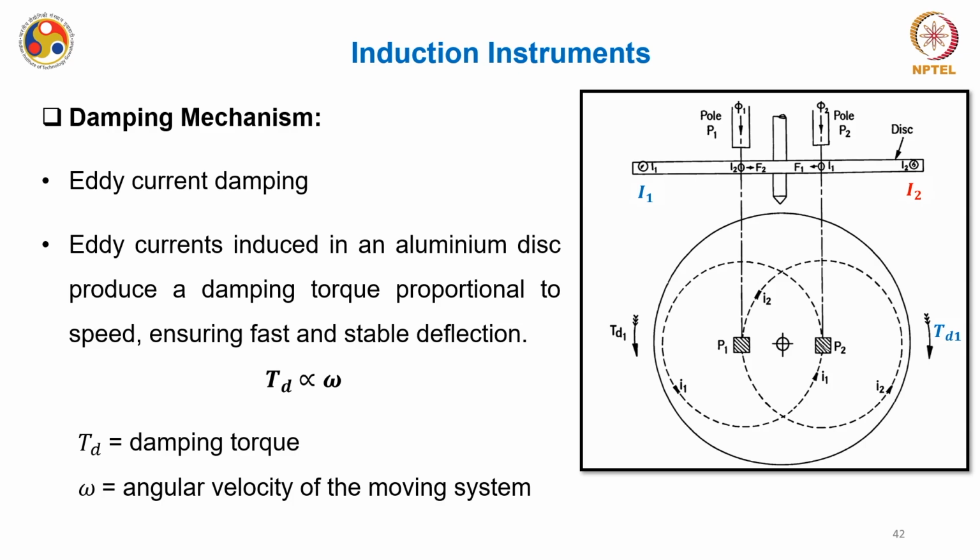The deflection can of course be found by equating the controlling torque and the deflecting torque, but that will not be possible to discuss, because that will require another set of discussions. I think if we understand the damping mechanism and the deflecting mechanism of this induction instrument, that will be enough for this course.